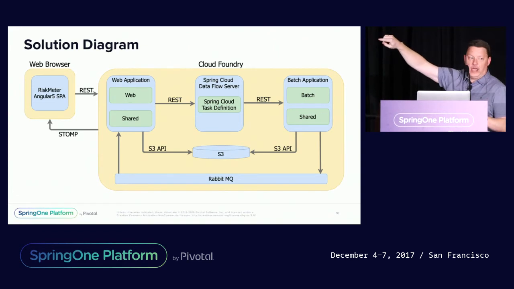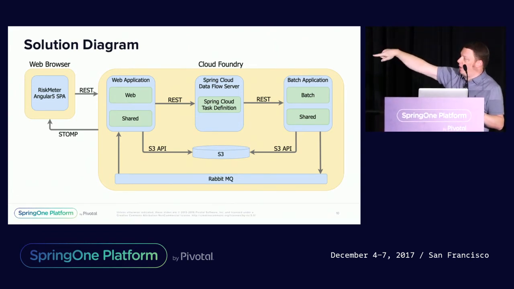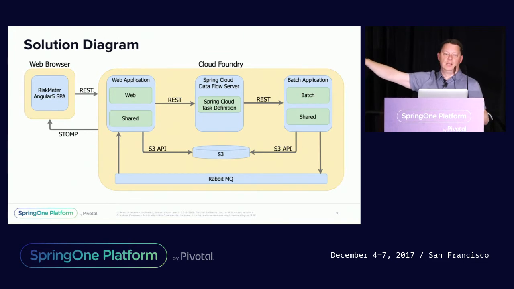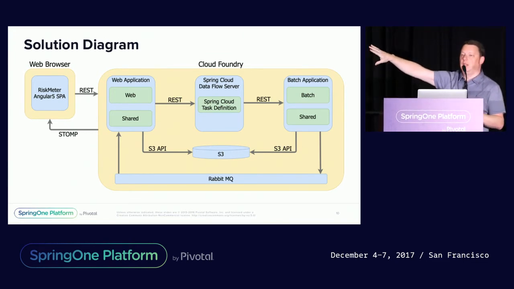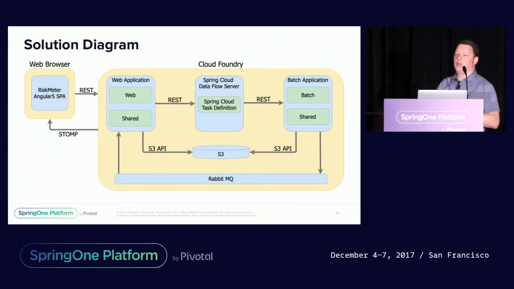When a batch needs to run, it writes the input file into S3, which is actually not Amazon S3. It is an S3 appliance, an EMC ECS in our data center. And then it makes a REST call to the Dataflow server, instructing that Dataflow server to kick off the batch and to give that batch the configuration that it needs to be able to run.